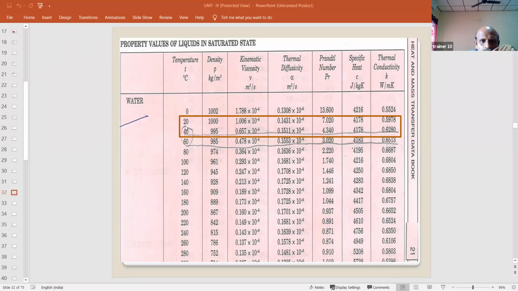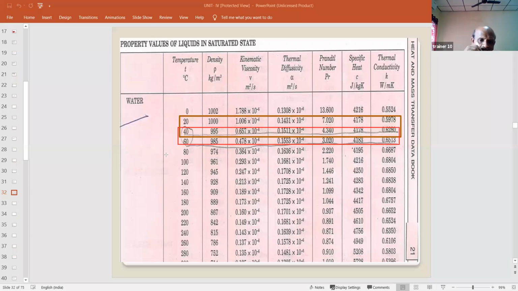That is in between 40 and 60. We have the values at 40 and 60 degrees centigrade, but we require them at 47. I already told you in the previous class how to calculate when the temperature is in between two values.